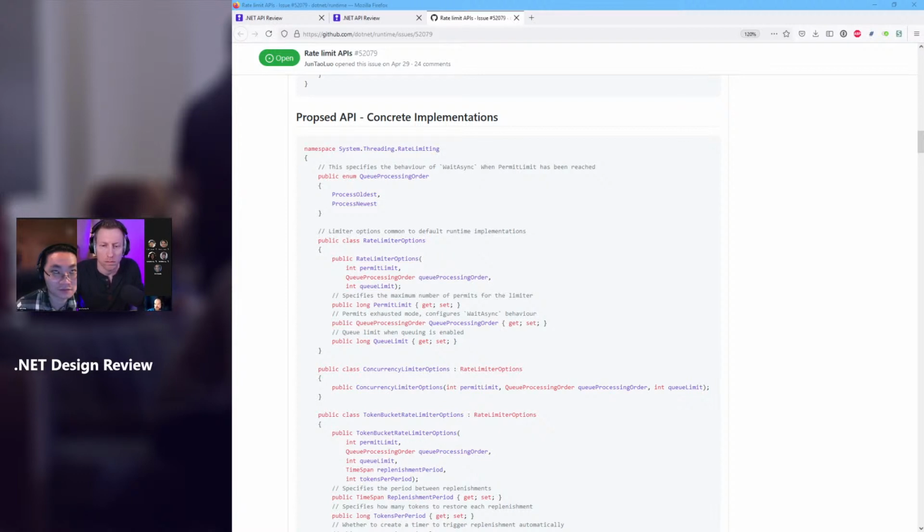Queue processing order, I don't care, do whatever you want. Oh, interesting. So that would be queue processing order unspecified or any or default. In that case, I think we should be opinionated about which one we do for default, which is something I would like to avoid. But if you don't think it makes sense, then that's fine.